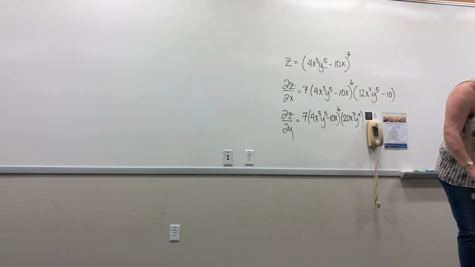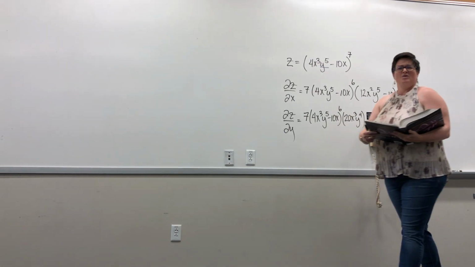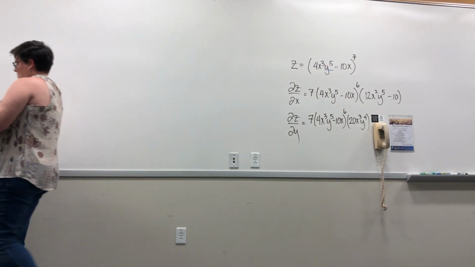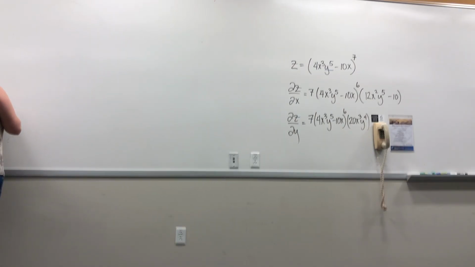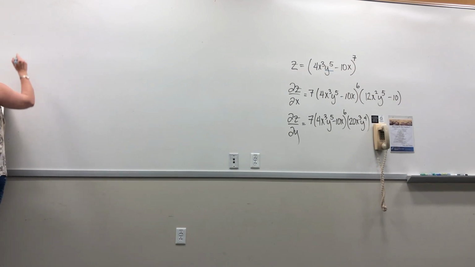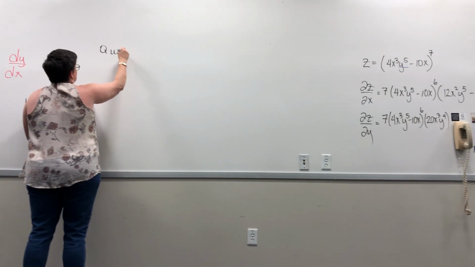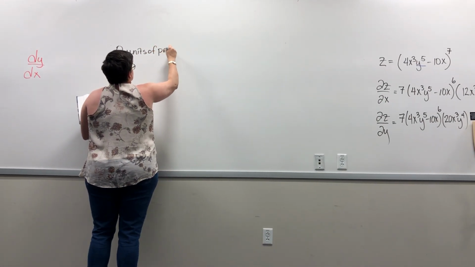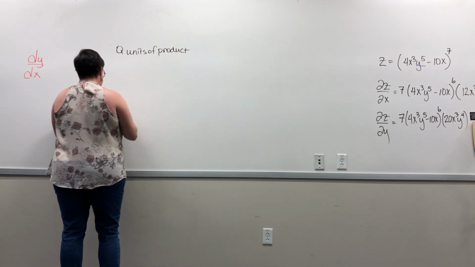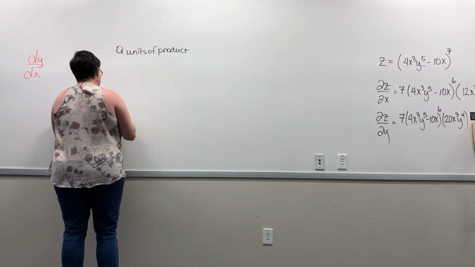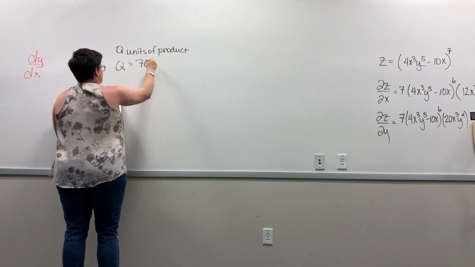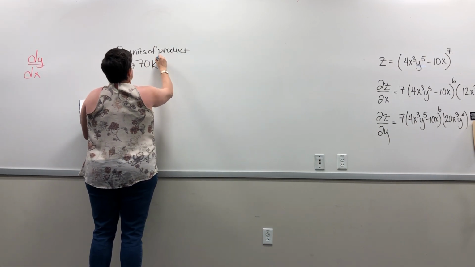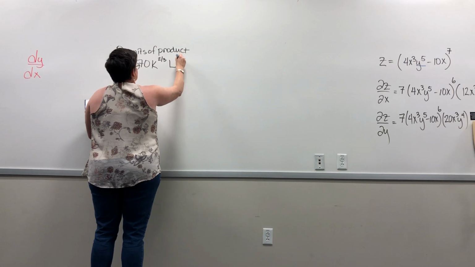Chapter 14.2. I'm going to pull out an application problem because I want you guys to see these. Production. Suppose a company's production for Q units of its product is given by the Cobb-Douglas production function: Q equals 70K to the 2/3 times L to the 2/3.